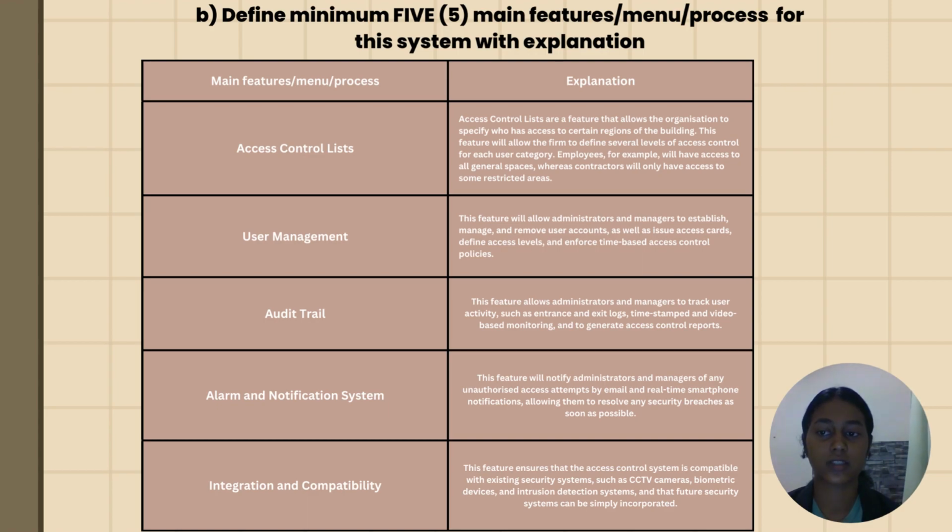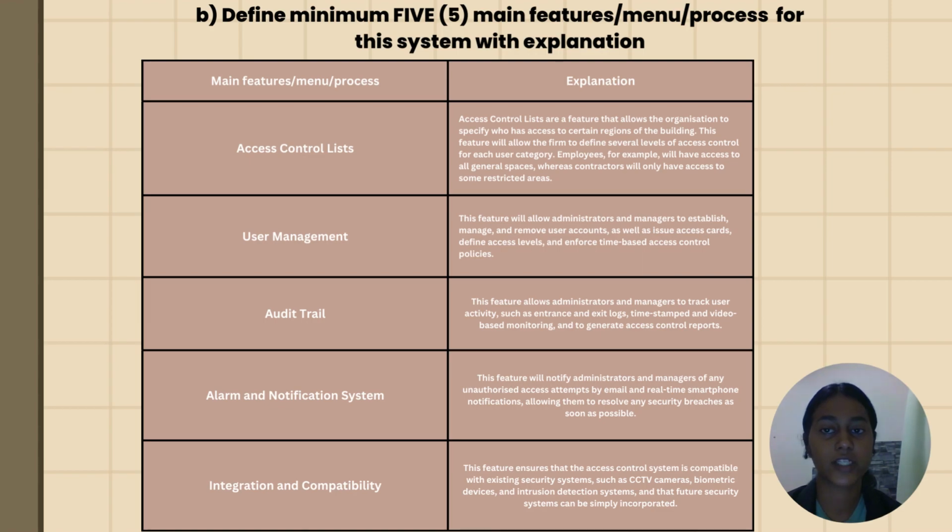So the fourth one is alarm and notification system. These folders will notify administrators and managers of any unauthorized access attempt by email and real-time smartphone notifications, allowing them to resolve any security breach as soon as possible. So lastly is integrations and compatibility.